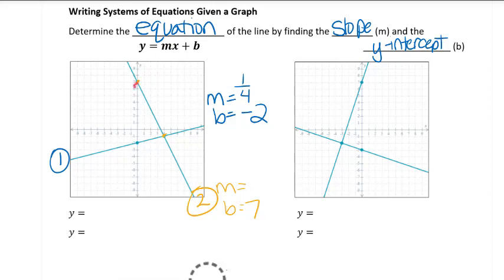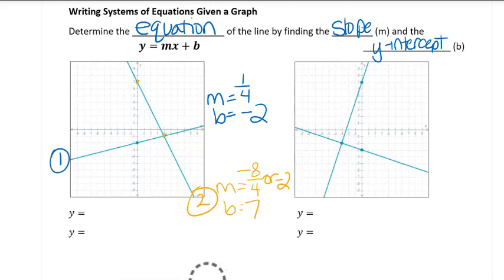So I'm going to count down from there, 1, 2, 3, 4, 5, 6, 7, 8, over 1, 2, 3, 4. And because I moved down 8, it is -8 over 4. When I move up, it's positive. And I want to double check to make sure that I can or can't simplify the slope. And -8 divided by 4 does simplify to -2. So it's better to use -2 for the slope.